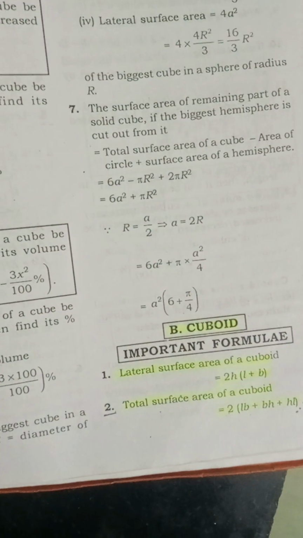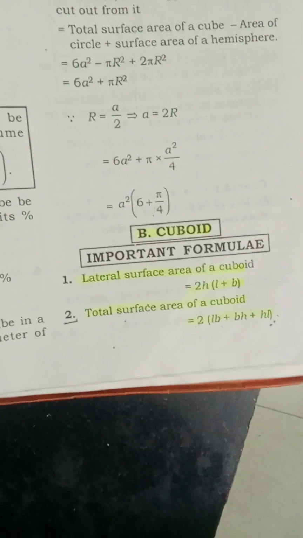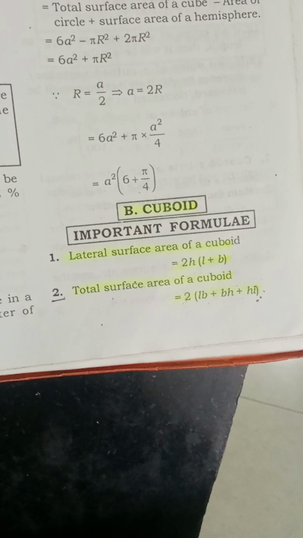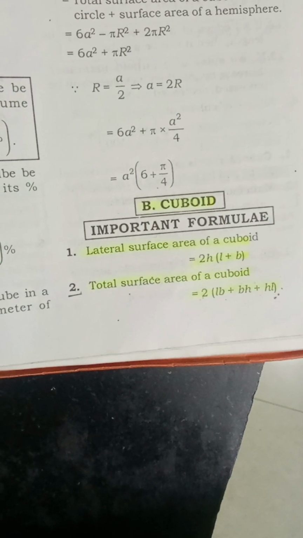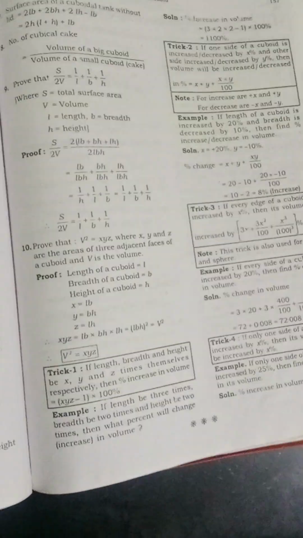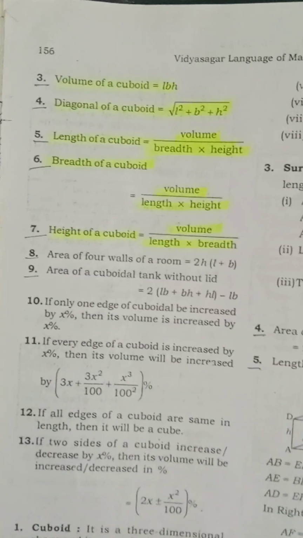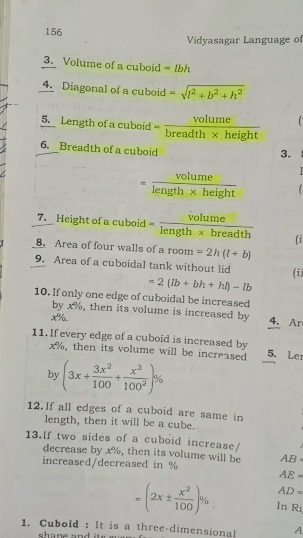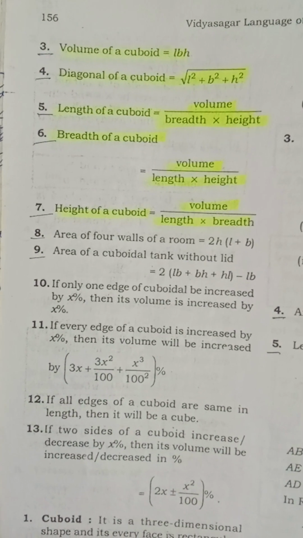Cuboid. Lateral surface area of cuboid is equal to 2h into (l plus b). Total surface area of cuboid is 2 into (lb plus bh plus lh). Volume of cuboid is equal to l b h.